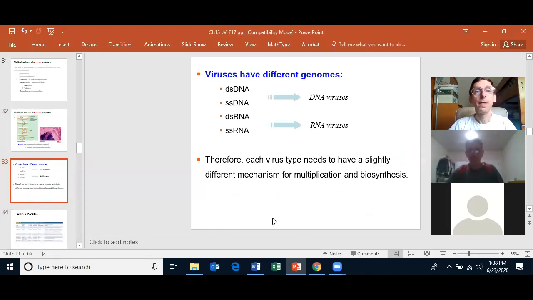All right, so when viruses have a different genome, they have to use a different strategy for replicating their genome. So we'll talk a little bit about that.